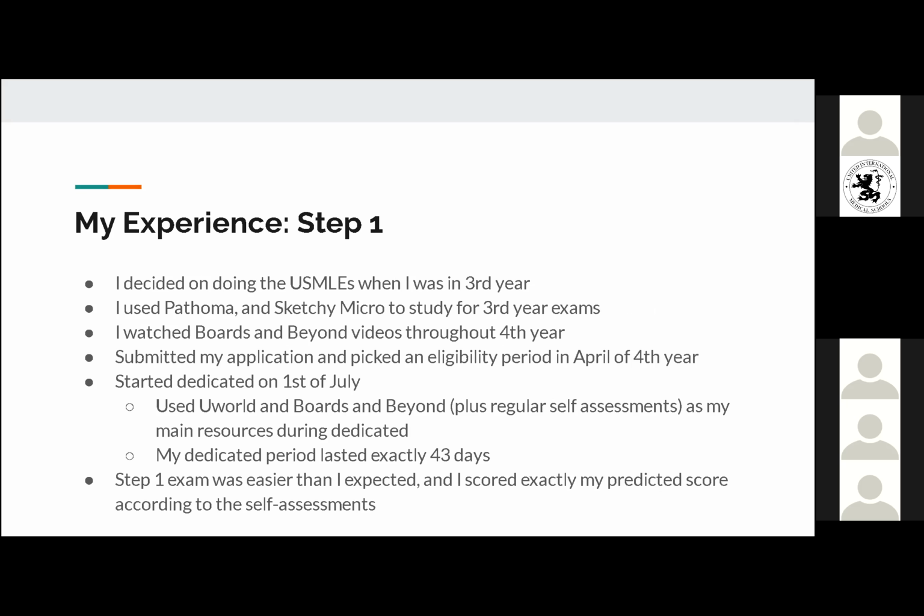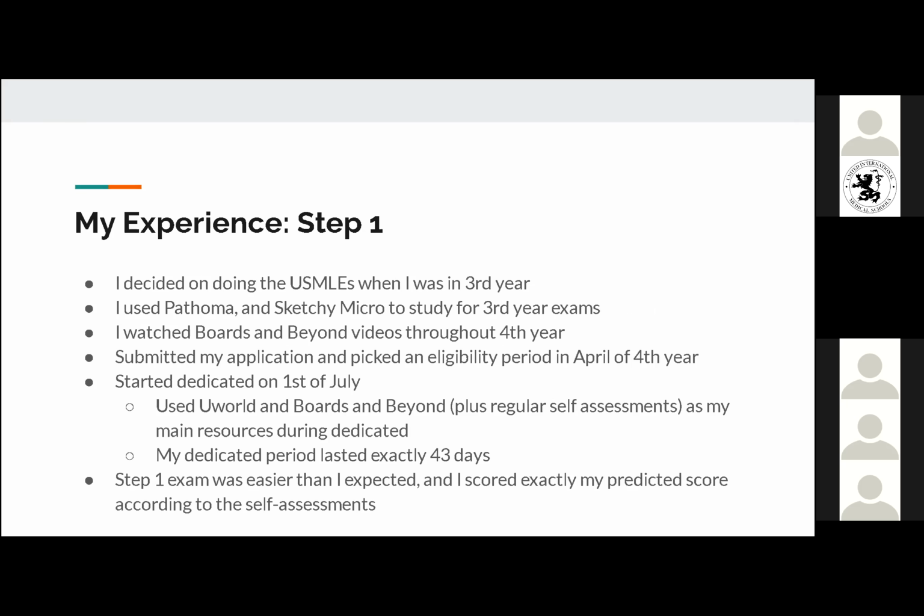Just my experience, in case you're curious: for Step 1, I decided to do the USMLEs when I was in 3rd year. I used Pathoma and Sketchy Micro to study for 3rd year exams, and then I watched Boards and Beyond videos throughout 4th year, while doing my 4th year exams. I submitted my application and picked an eligibility period in April of my 4th year.